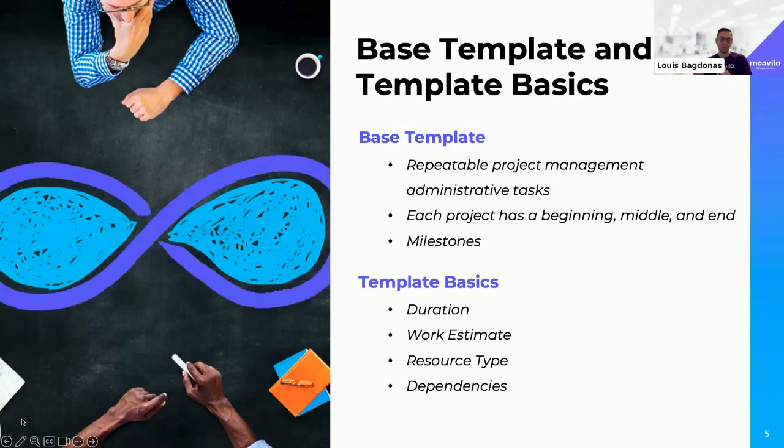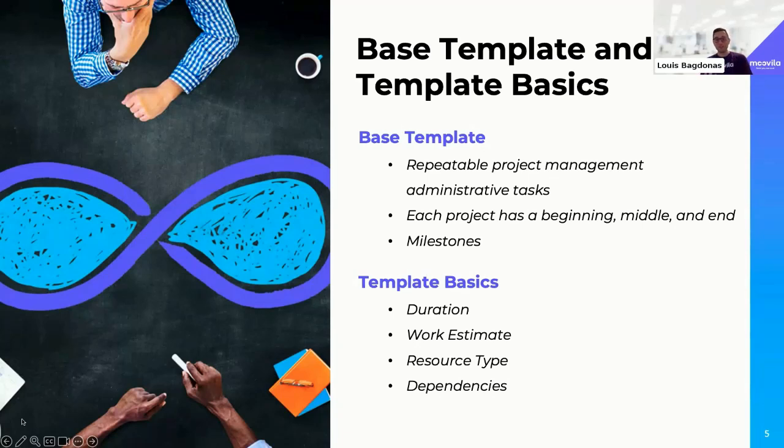Can you accurately report and build your dependencies if you have a task that has a really long duration? So in those templates, in our base template, in our repetitive work, the basic information we really want to make sure we have on all of our tasks is going to be our duration, right? How long do we have to get that work done?